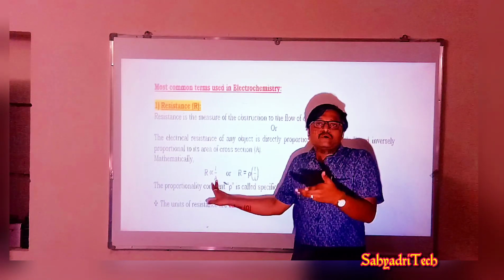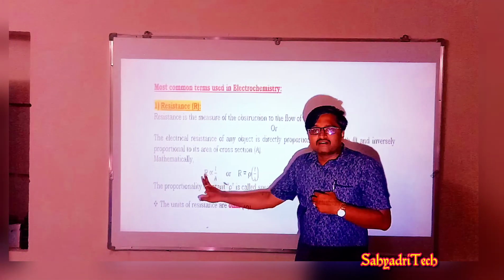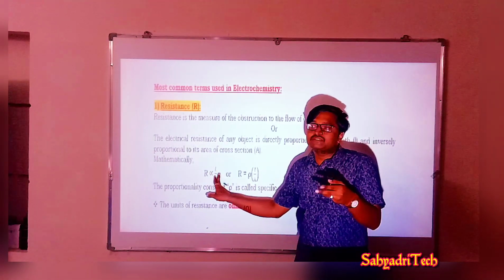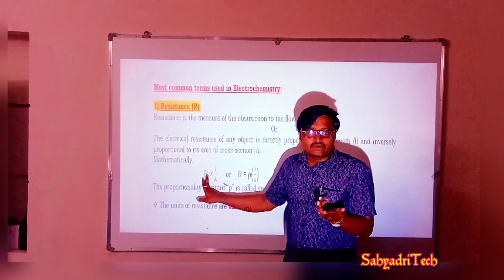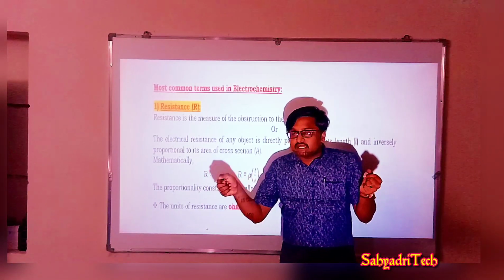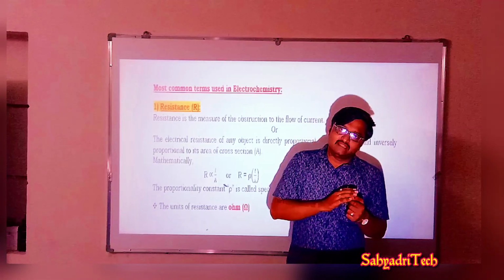Now which is going to offer more resistance? According to the relation, resistance and length are directly proportional. The one with more length is going to offer more resistance. So a copper wire with a 15-meter length is going to have more resistance compared to the 10-meter length.